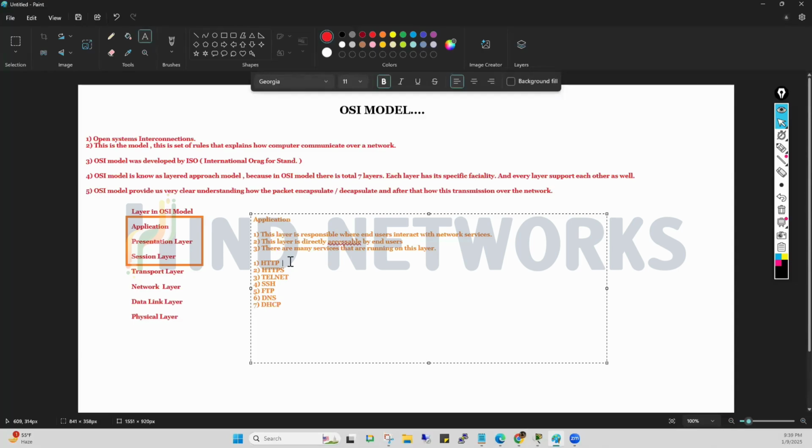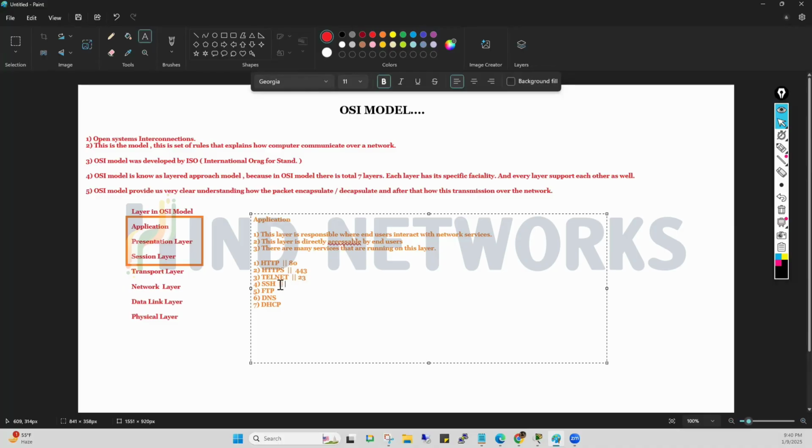Clear? So for HTTP, please remember, the port number is 80. For HTTPS, the port number is 443. For Telnet, the port number will be 23.